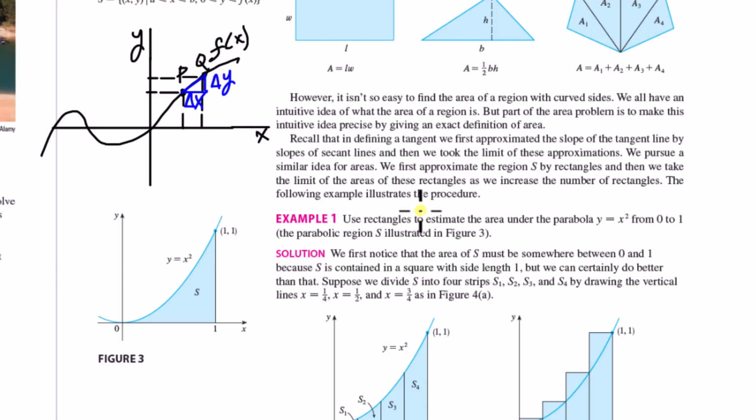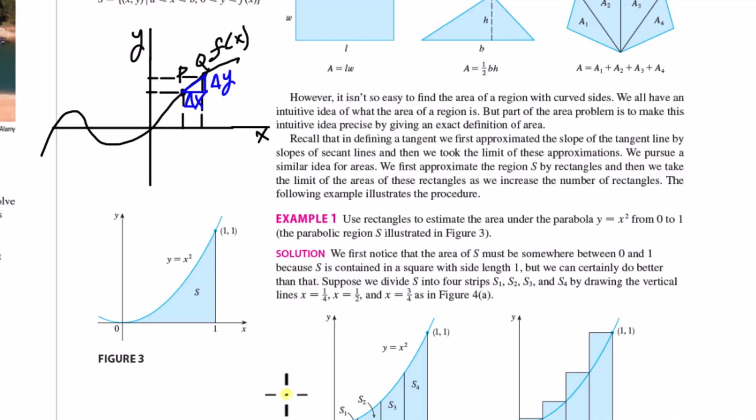So let's go through this example to get a sense for the mechanics that the area limiting process is based on. Again, here were the mechanics of the secant line limit. The limit as Q approaches P: what does the slope of the secant line between P and Q approach? In that case, the slope of the secant line turns into the slope of the tangent line.